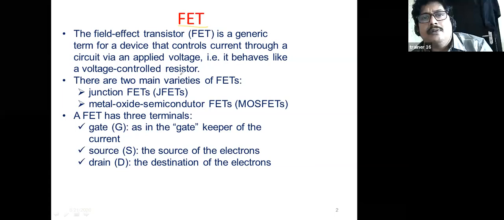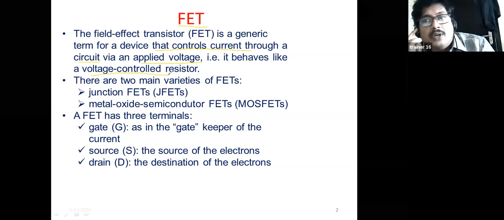That means this field effect transistor controls the voltage. In other words, in the name transistor itself, it is transfer plus resistor. So transfer resistance, that means it transfers the resistance, right? In other words, we can also call it a resistor.